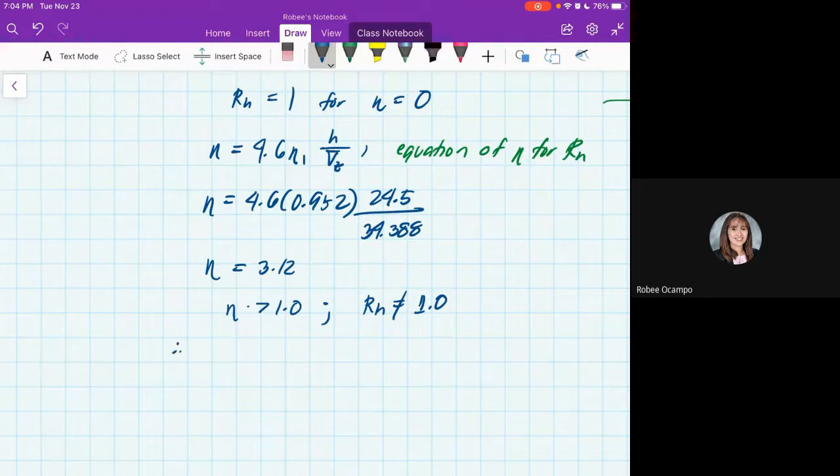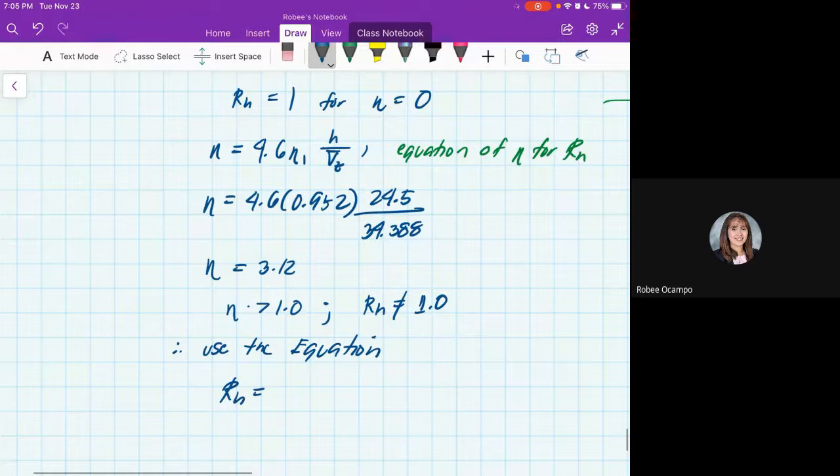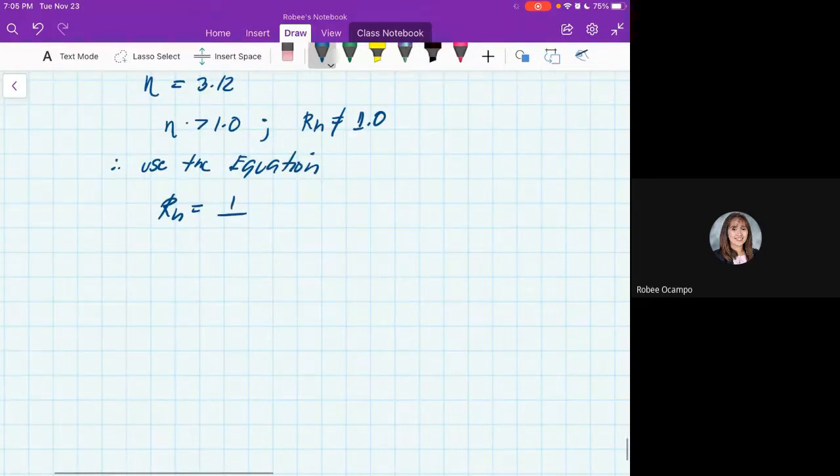Therefore, use the equation RH equal to 1 over nu minus 1 over 2 nu squared times 1 minus e raised to negative 2 times nu.